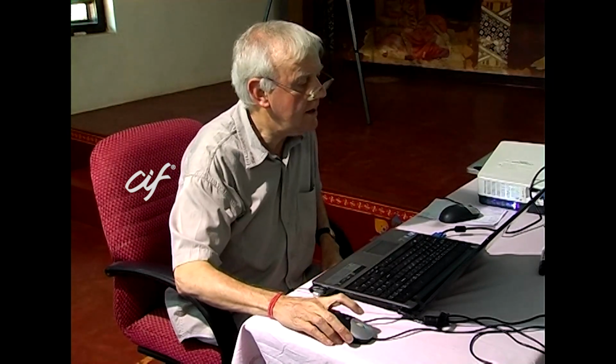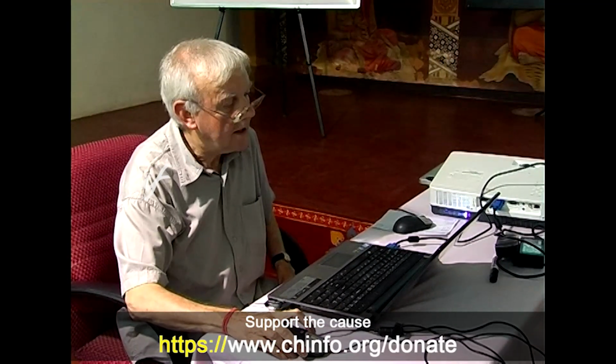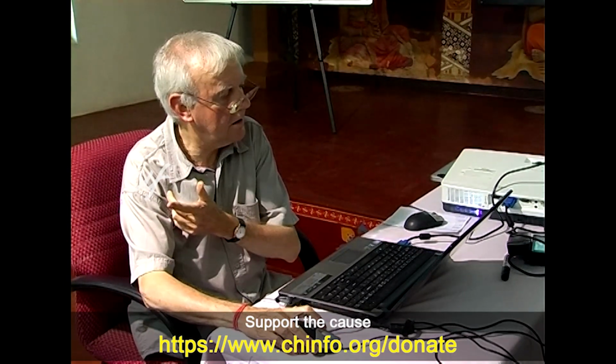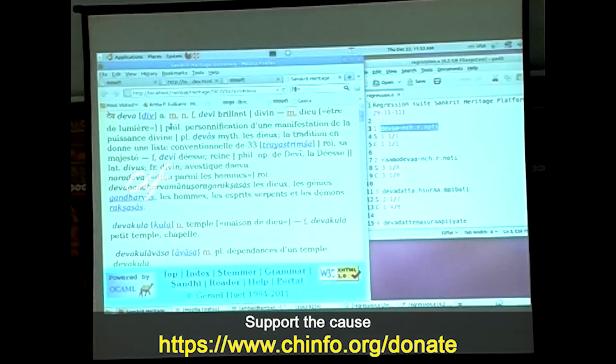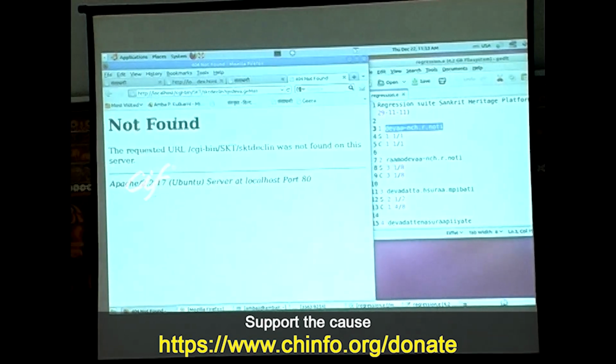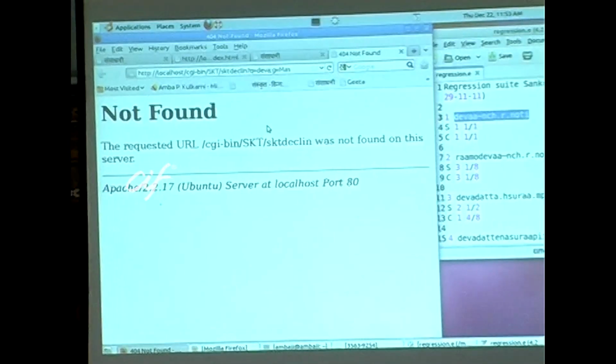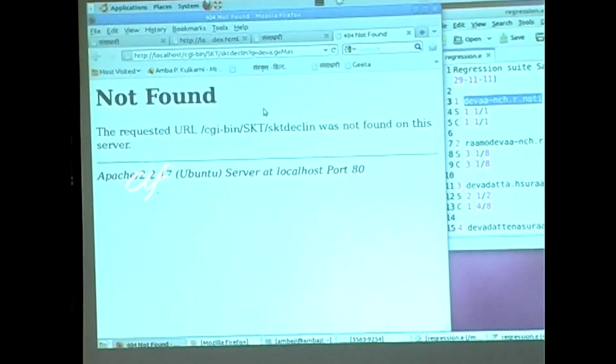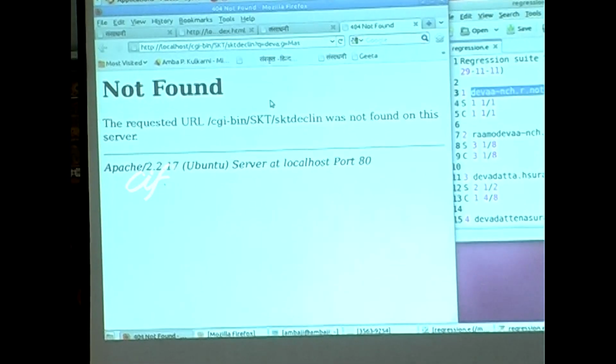Let us go back. Deva. And here it says as a substantive, it's in the masculine. And look, this is a link again. If I click on masculine, we are having a problem: my PC does not work with this projector.